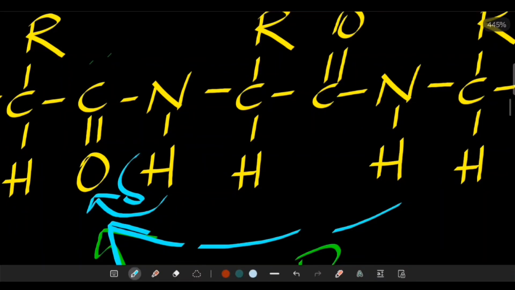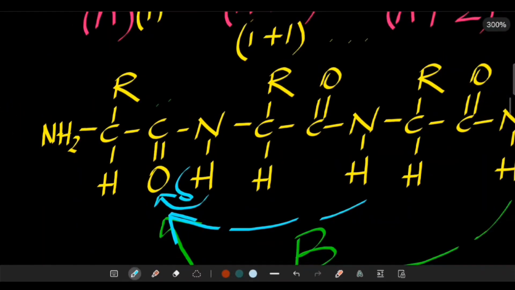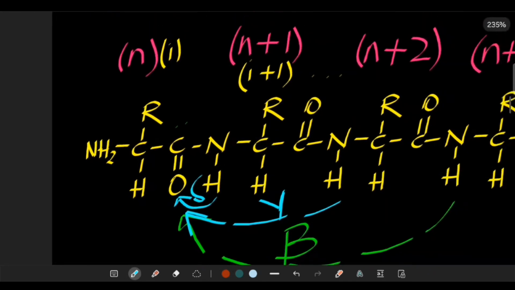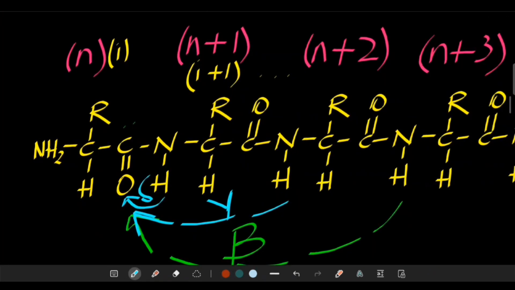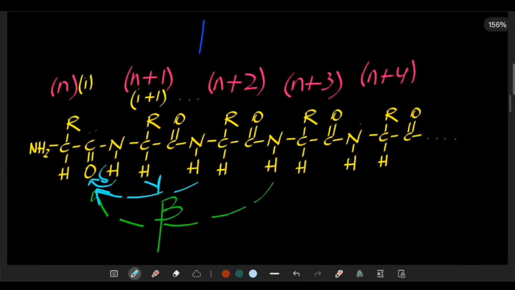So this was beta, this was gamma, and then this is the delta helix, right? Delta helix, I think I've not given the name, so let me just write down over here 0.6 and then 4. Why 0.6?